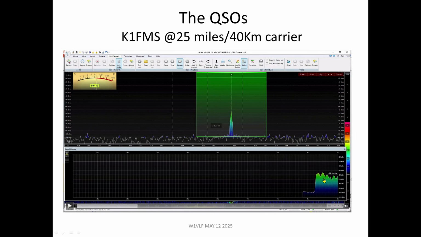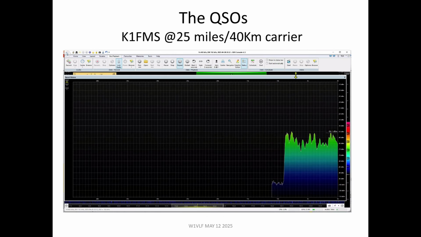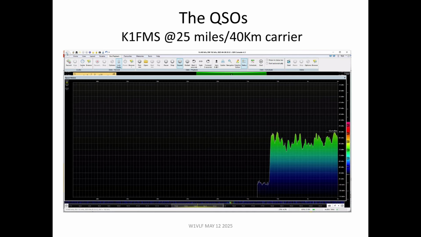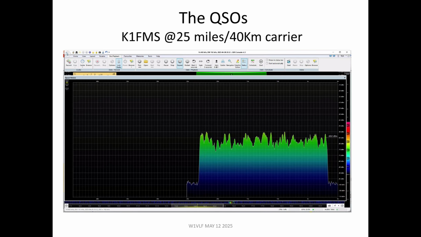By the way, down here, this is minus 90, 80. These are 10 dB per division, okay? Oh, well, I guess that was one of the ones where we just did the carrier test.